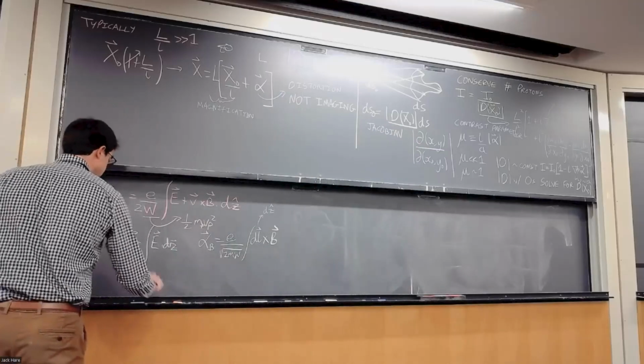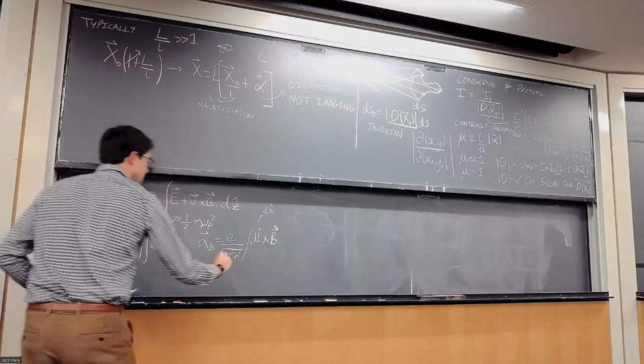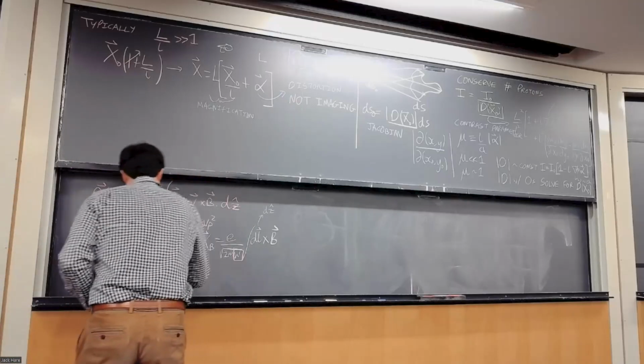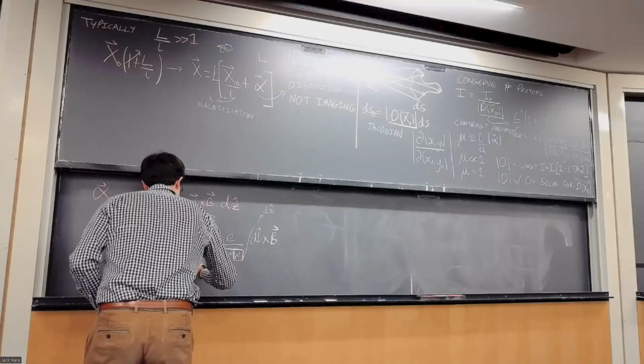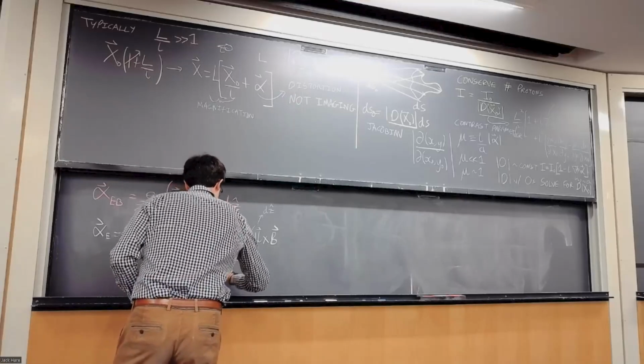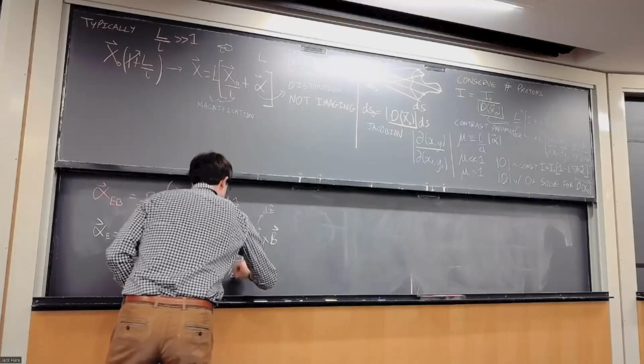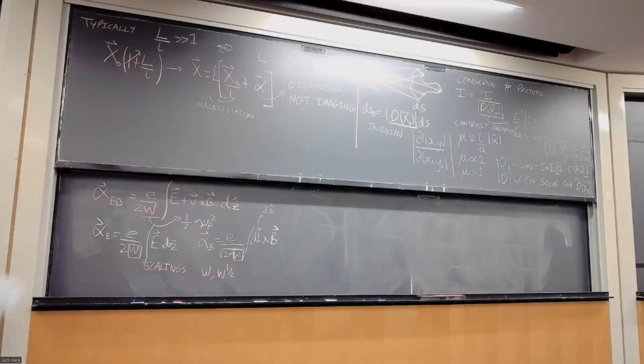What's interesting about these two is that they have different scalings. One has a scaling with the particle energy, one has a scaling with the square root of the particle energy.